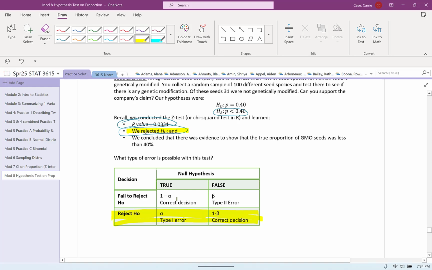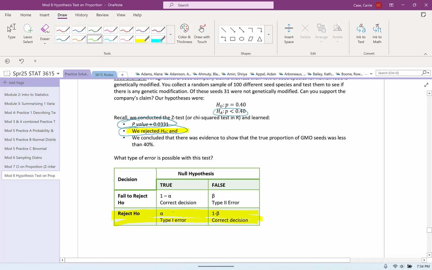If we failed to reject the null and the null is false, we have made a type 2 error, and the chance of that happening is beta. If, however, we rejected H0, which is what happened in our example, and the null hypothesis is true, we made a type 1 error. If we reject the null when the null is really false, we made a correct decision.